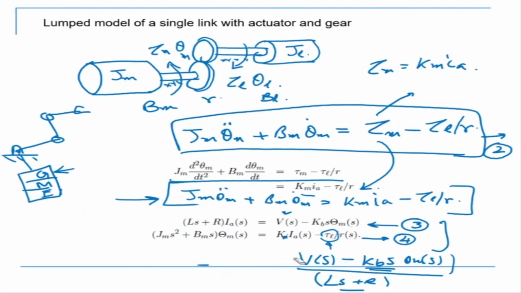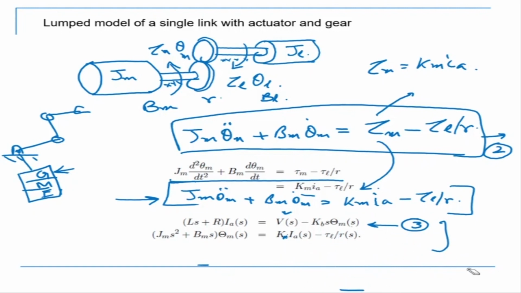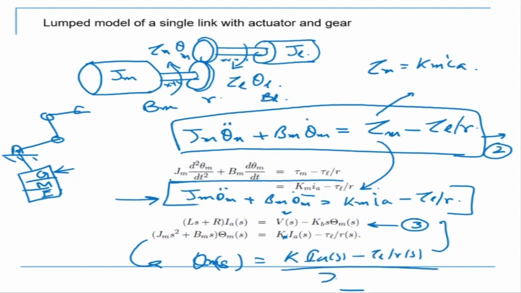So what is theta ms? From this equation, theta ms is equal to K into IAS minus tau L by R, divided by JMS squared plus BMS.